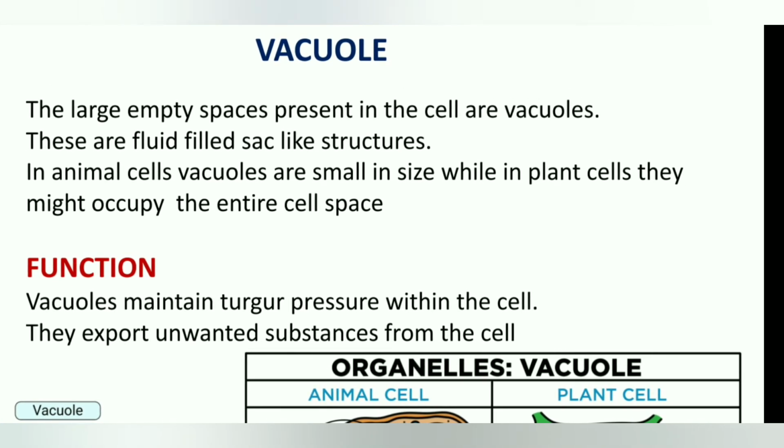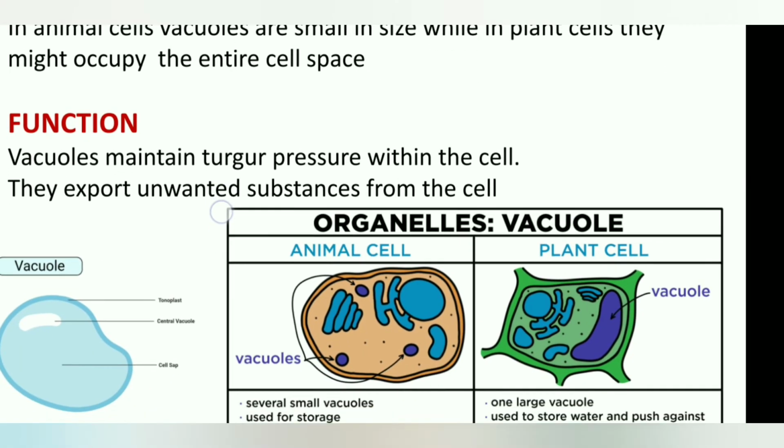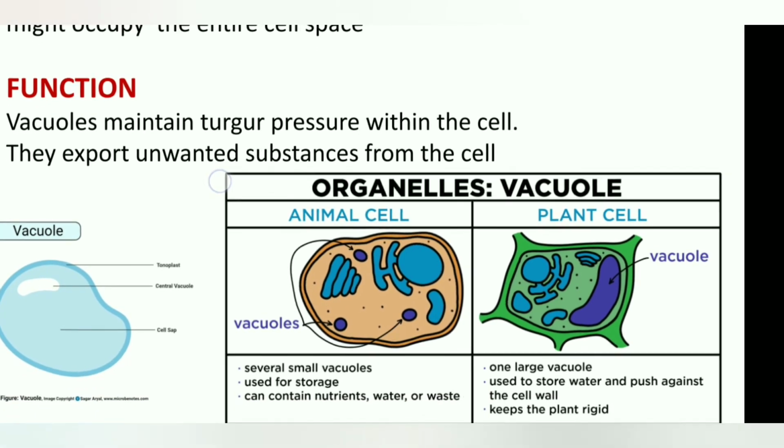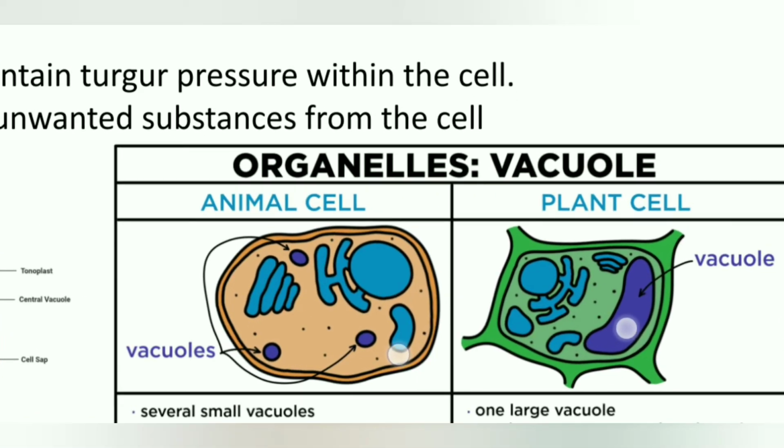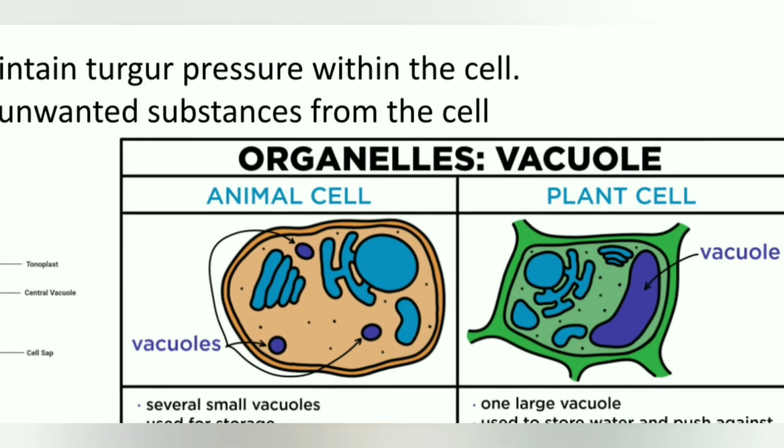These are fluid filled sac-like structures. In animal cells, vacuoles are very small in size. See in the picture, in animal cell it is very small, whereas in plant cell it is larger in size. It occupies most of the space in the plant cell.